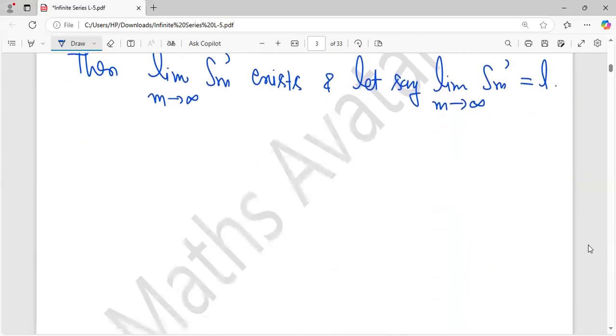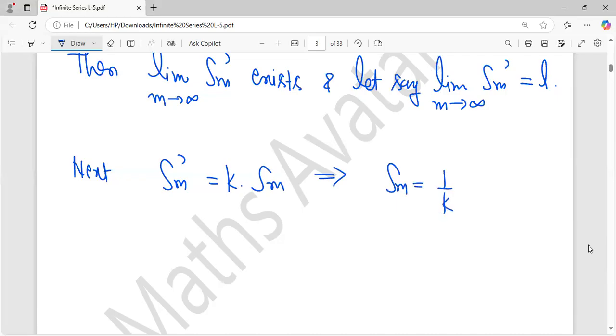Now next, Sm dash is nothing but k times Sm. So this implies Sm is equal to 1 upon k times Sm dash, as k is non-zero.